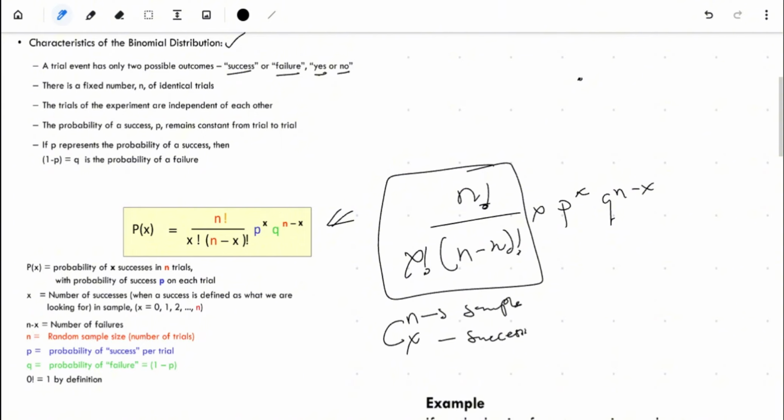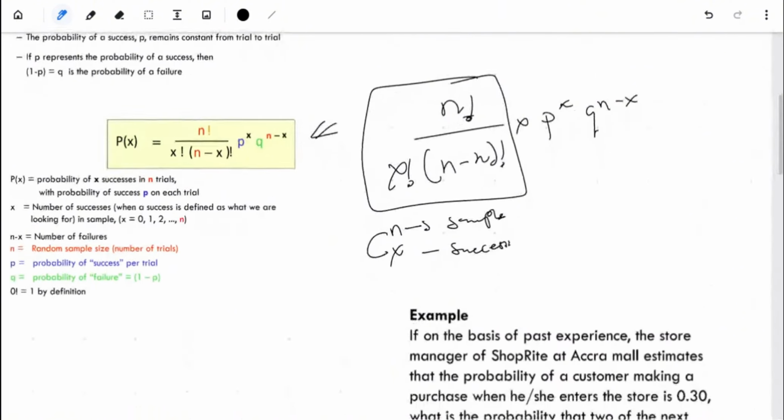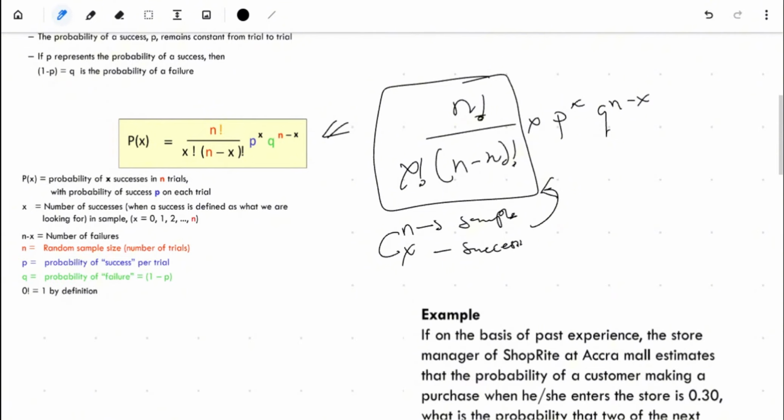The combination of n and x is the same as this. So you can rewrite the formula as the combination of n and x multiplying p to the power x, that's the probability of success, times the probability of failure, q to the power n minus x.